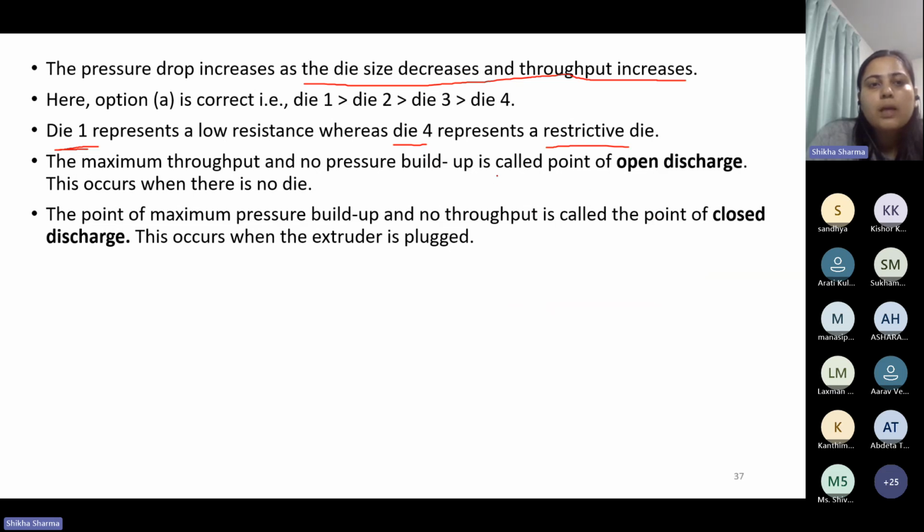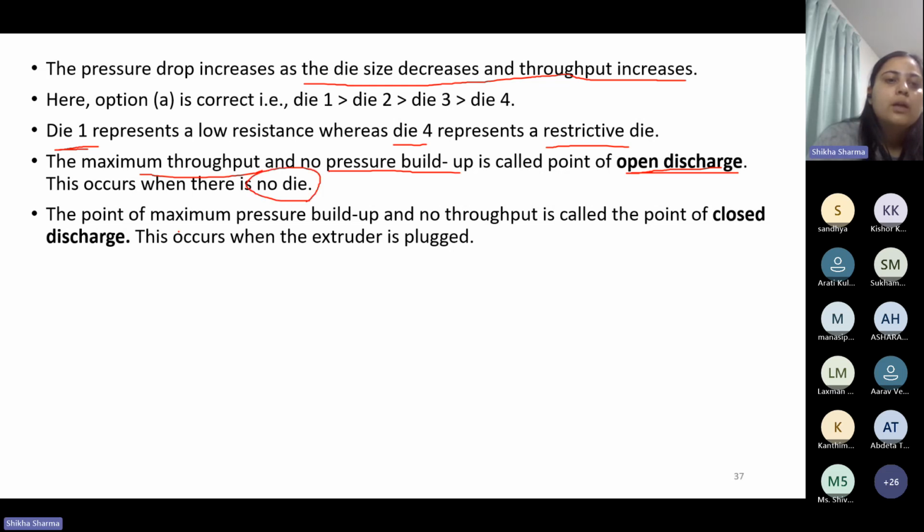If there is maximum throughput, it means there is no pressure build-up, there is a die which is open discharge. We say this condition is open discharge, where there is no pressure build-up and the maximum throughput is there, so that means there is no die.